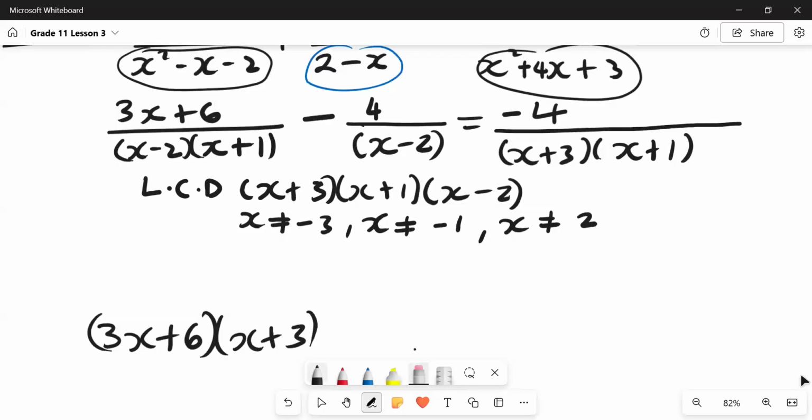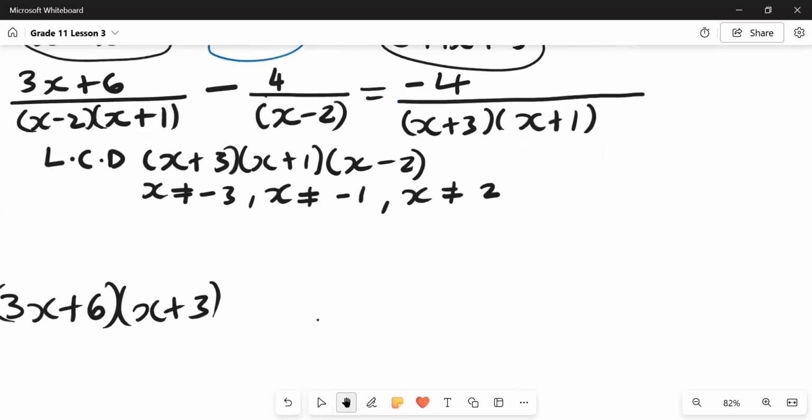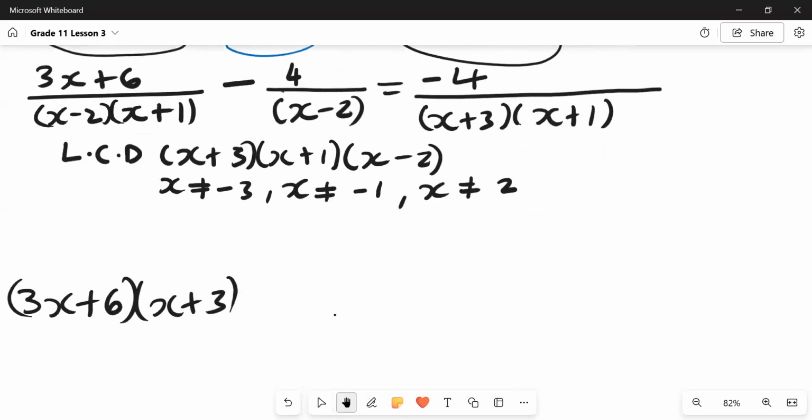So the only thing I have to do now is to give you the solutions, not to waste your time. When we multiply this part here with our LCD, we end up with minus 4 times x plus 3 as well as x plus 1.